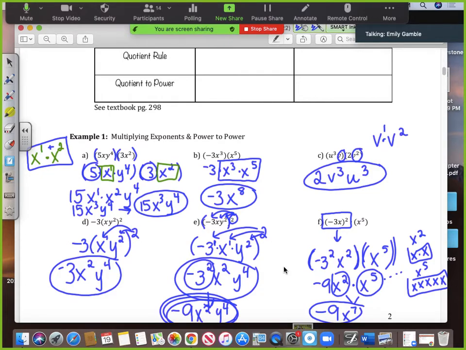So if you flip this over to the next page, there are two practice problems that say you try.